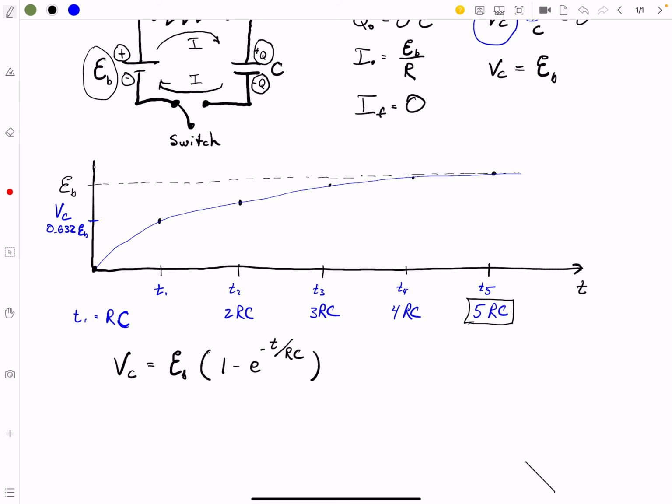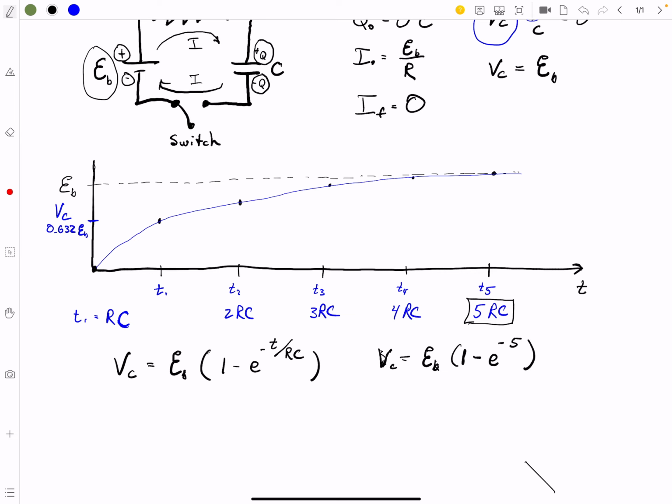So let's look at that. Our voltage across C is equal to whatever our battery EMF is, times 1 minus e to the minus 5 RC divided by RC, which leaves us with 5.